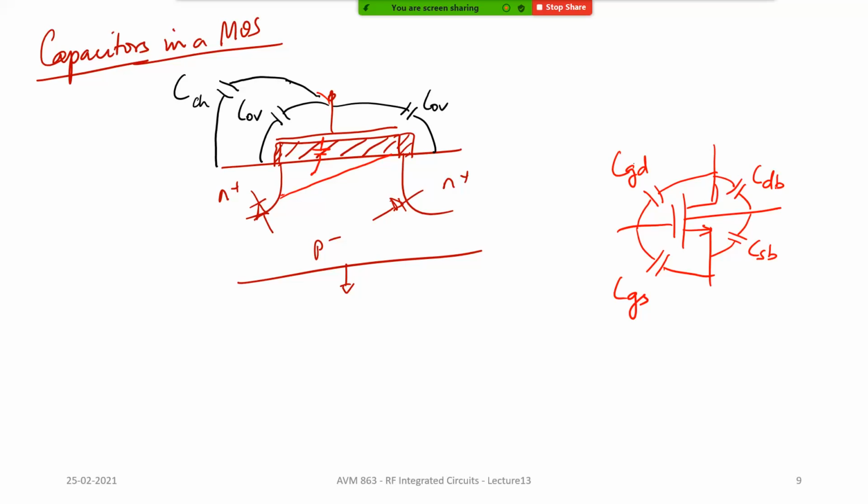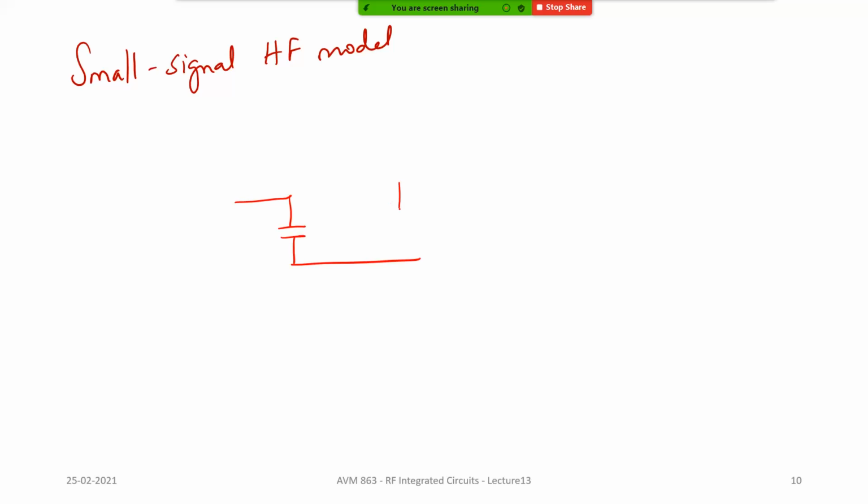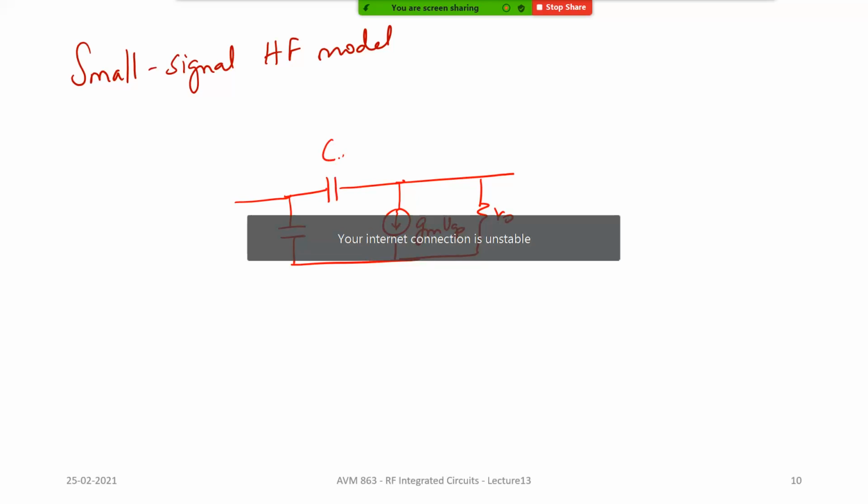Okay. Now let us draw the small signal high frequency model. Now how is this high frequency model going to look? Between gate and source you have gate to source capacitance. Let's say this is gm·vgs, this is your ro.